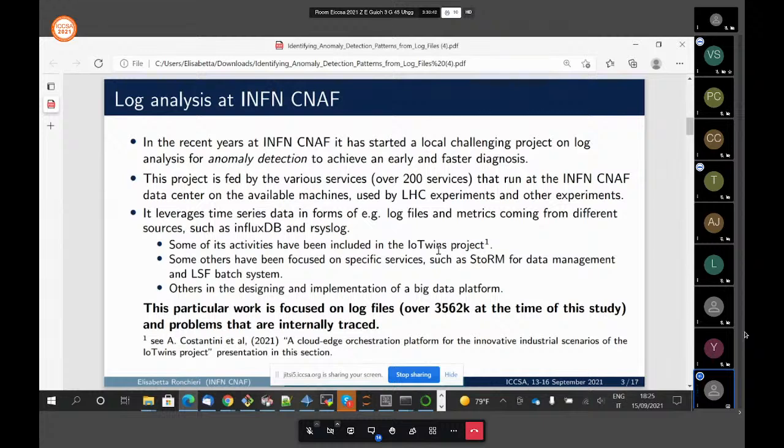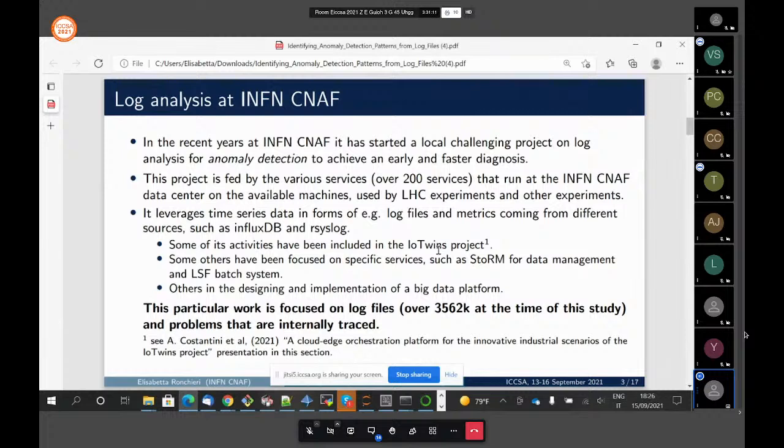Some others are specific for services like STORM, a data management service used by the LHC experiments to transfer and access files, and LSF, the batch system, the service used to work with jobs.